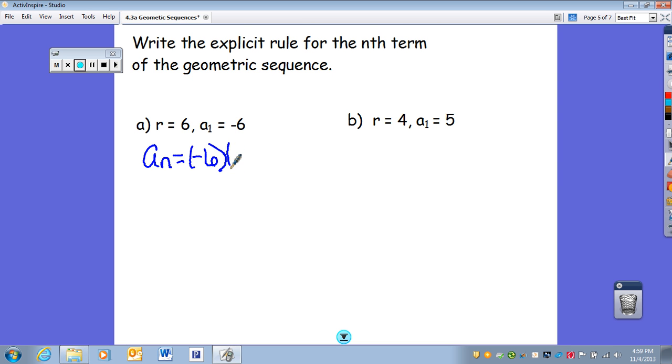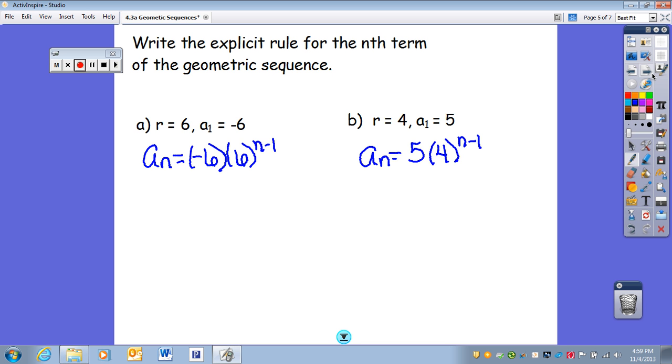I'm going to multiply that by the rate, which is 6, and that's going to be to the n minus 1 power. In our next example, to write the rule, we have a sub n, meaning any term in the sequence I'm looking for. I take my first term, which is 5, and I'm going to multiply that by the rate, which is 4, to the n minus 1 power. And I should be able to calculate any term in the sequence that I'm looking for.